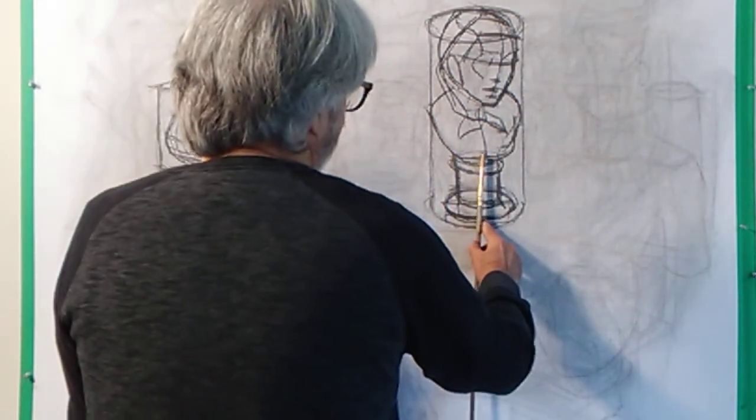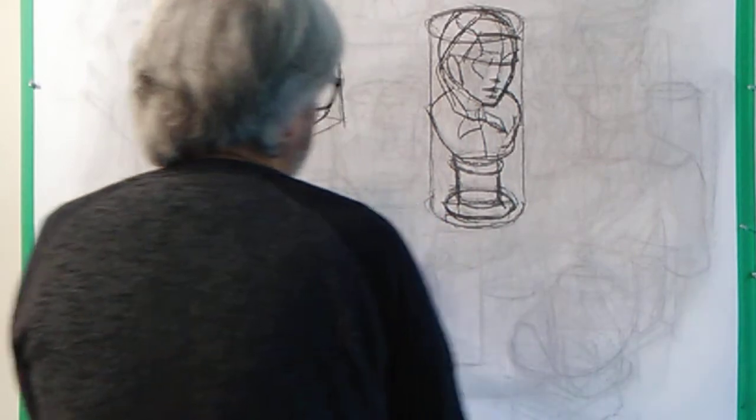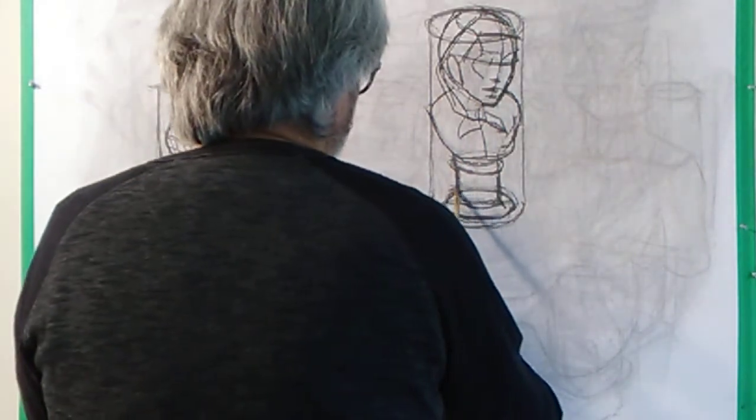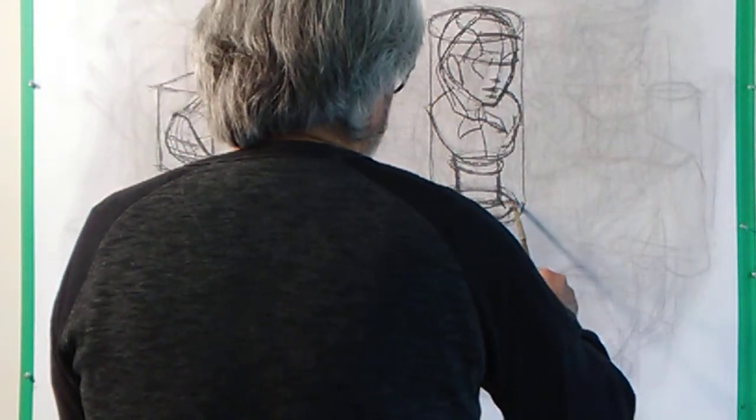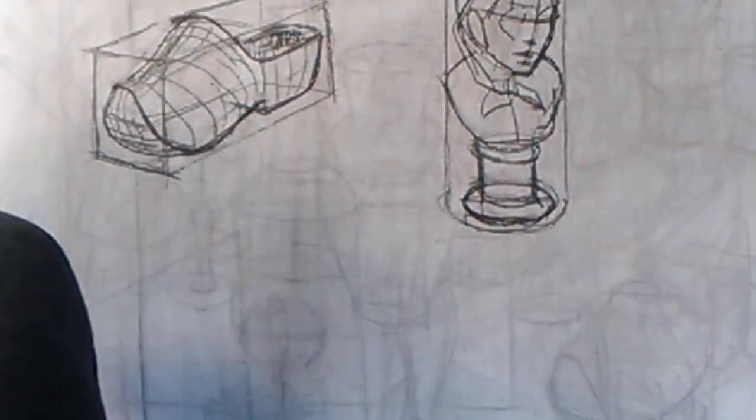So if I measure this, it should go to her chin, which is about right. So watch your measurements. I'm going to darken that a little bit. I'm going to put a few cross contour lines on here, and then I'm going to leave this one.